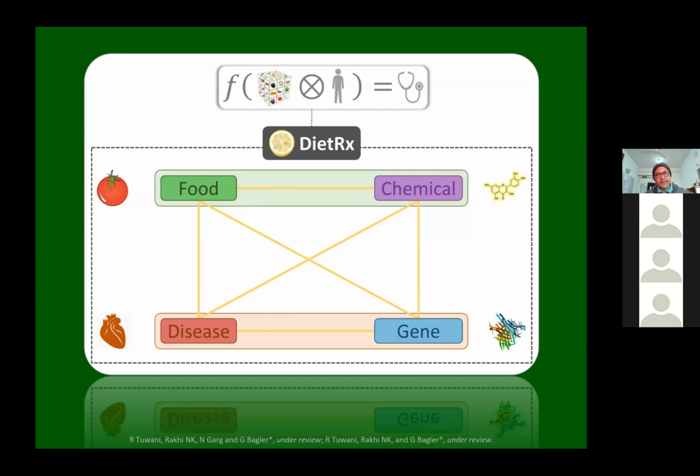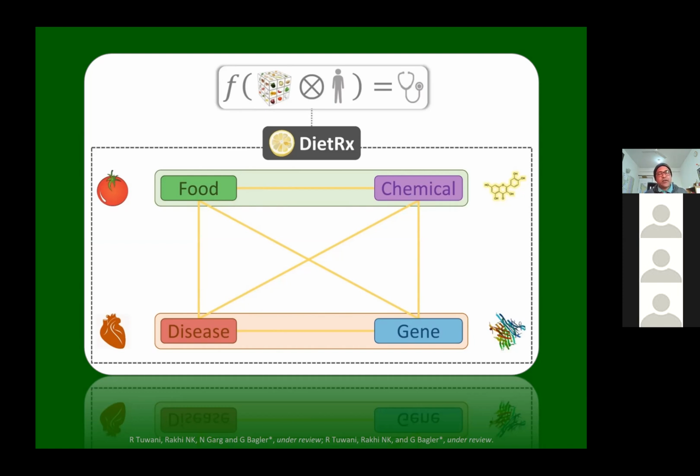For example, a sentence which says that ginger is found to have a positive effect against nausea will be represented as ginger, nausea, positive effect. That's how the food disease associations will be shown, whether positive or negative. Further, this data has been integrated using the chemicals which are present in the food, such as tomato, onion, chili, etc., as well as the linkages with the gene.